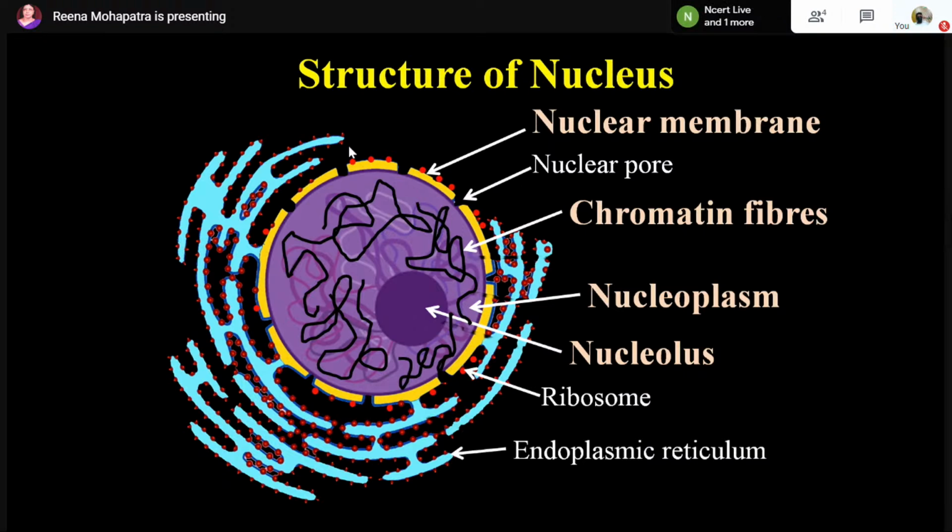You can see this is the double nuclear membrane, and just below it the protein is present in the form of a thin sheet, providing strength to the nuclear membrane. The nuclear membrane is under pressure because it is inside the cytoplasm, coming under pressure of different organelles also. It doesn't get squeezed because of this kind of protein, and this sheet is called nuclear lamina.